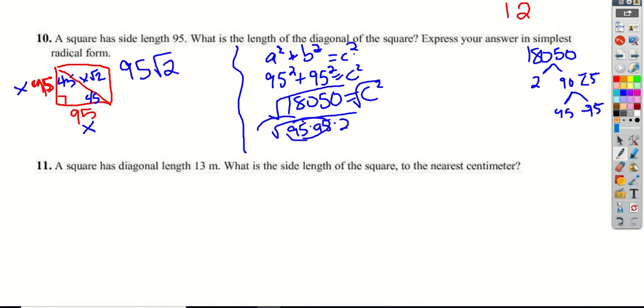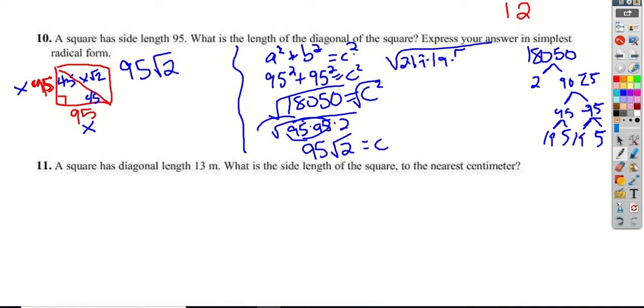I pull out my set, one number comes out, and I get 95 radical 2. Now normally I would say we'd keep going on this, right? We'd go 19 and 5, same thing, 19 and 5. But we're just going to pull out a 19 and a 5, which is 95, and then leave the 2 inside. So either way you do it, it's up to you. Whether you want your radical to be 2 times 19 times 19 times 5 times 5, and then pull out your sets, you're still going to get 95 radical 2.